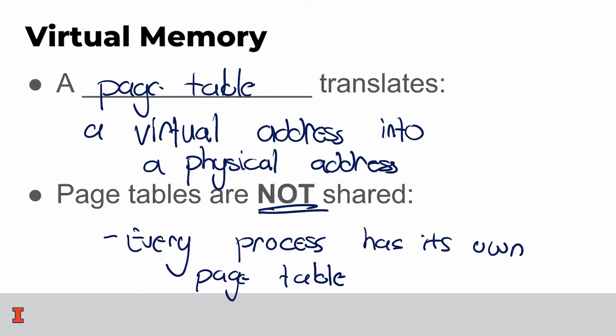To store a page table, there's a clever little hack that I don't know if we'll get into this semester, but you actually only need one page of memory to store an entire page table, because you end up having a multi-level page table where you have pointers to other page tables. But we've got this magical structure, stored in memory, that allows us to translate, for every single process, a process's virtual address into its physical address in RAM.